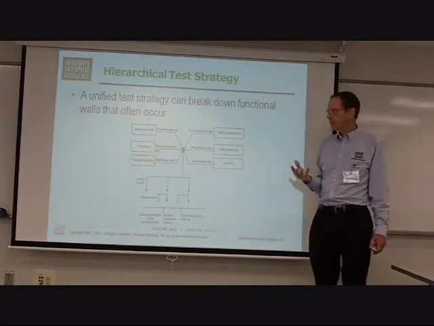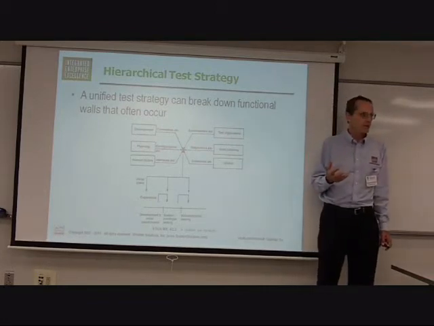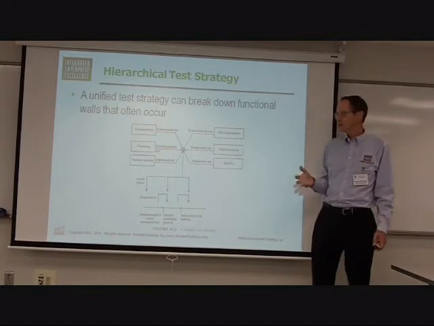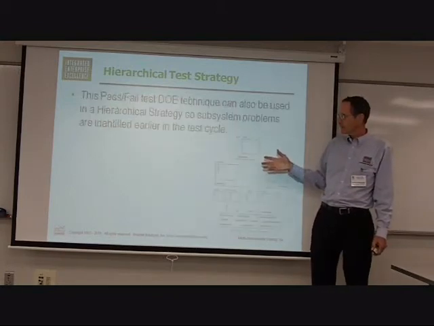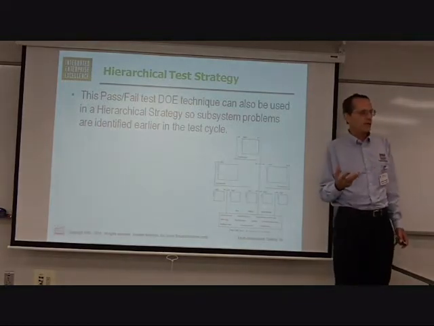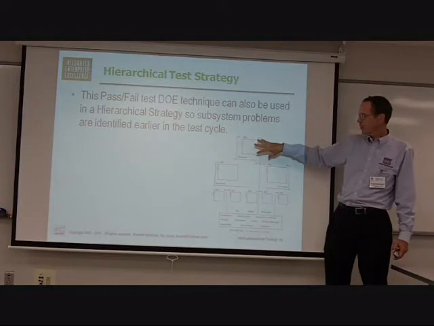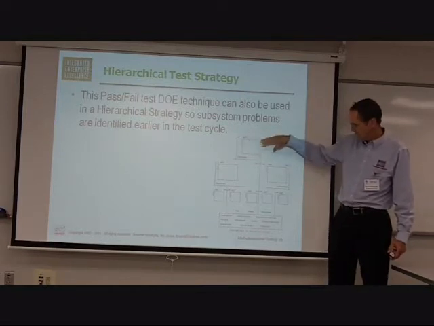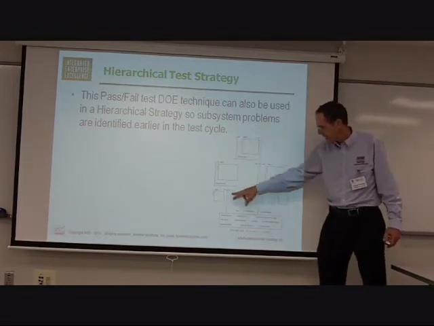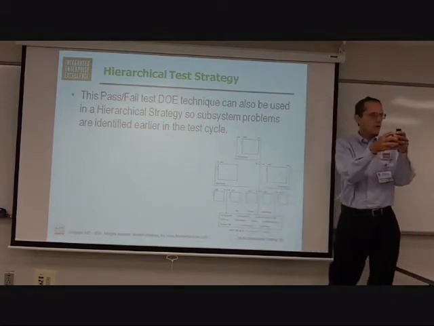Now, the other thing that you can do, I apply this mostly in the system tests, like at IBM and Dell and so on. But you can also do this in a hierarchical fashion. So if you're developing code, you can start down here, where you're looking at various sections of the code.